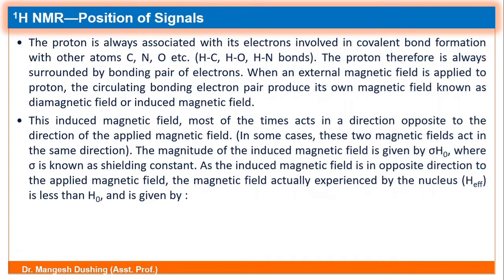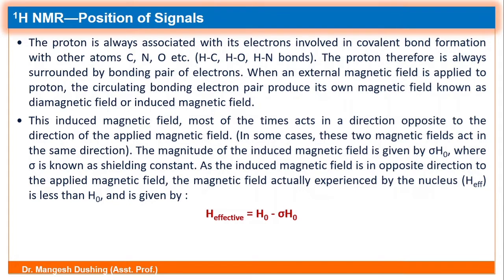The magnitude of the induced magnetic field is given by sigma H0, where sigma is called the shielding constant. As the induced magnetic field is in the opposite direction to the applied magnetic field, the magnetic field actually experienced by the nucleus, that is H effective, is less than H0, and is given by the formula H effective equals H0 minus sigma H0.